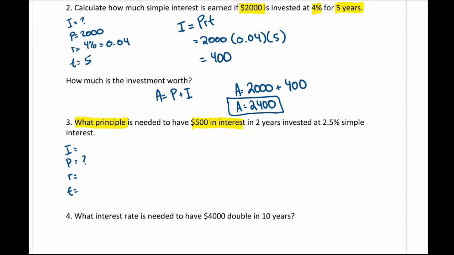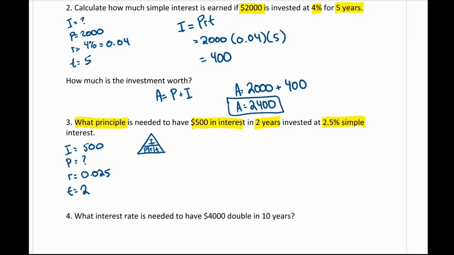The question tells us $500 in interest. So we know I is 500. T is 2 years, and we know our rate. 2.5 divided by 100, 0.025 is our rate. Because we're looking for P, we should be using our magic triangle because it's going to be a little bit different.